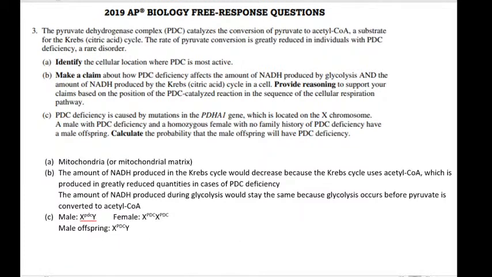So there is going to be a 0% chance that the male offspring will inherit the disorder. So there we have that one. I will pause for a second so that we can get another one going here.